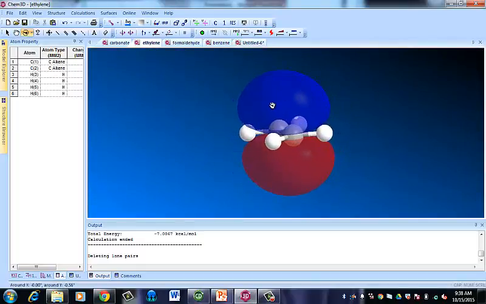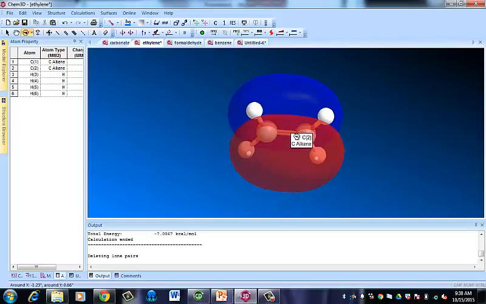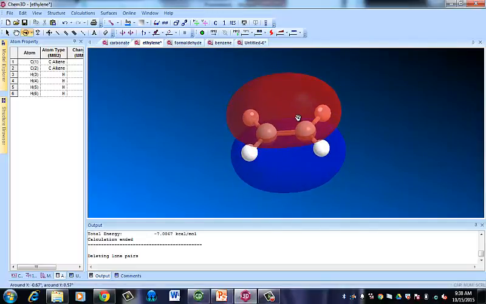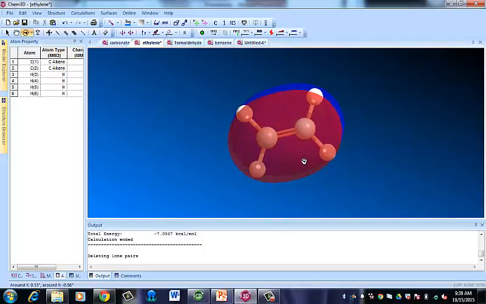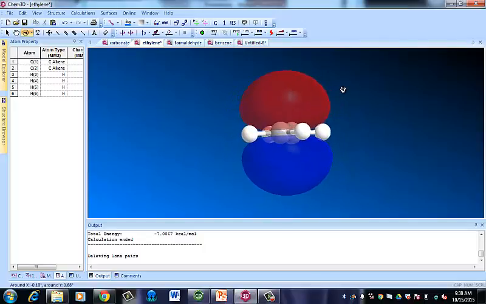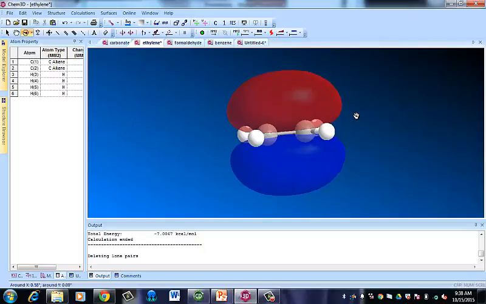Here is a view of the pi bond in ethylene. So ethylene is C2H4. So you can see my 2 carbons and my 4 hydrogens. The pi bond in ethylene looks kind of like a hamburger bun. Oh, and I'm going to have to close the window shades.